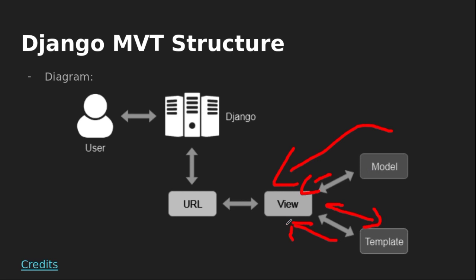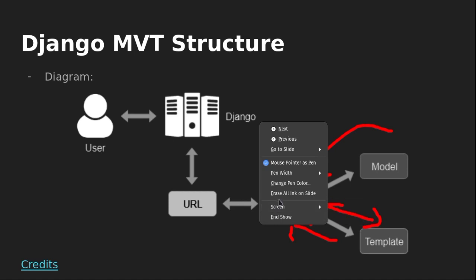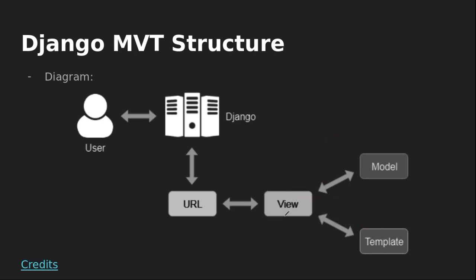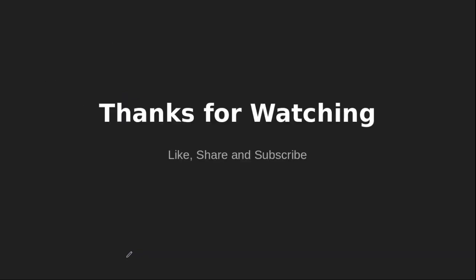Then the view will get it, and once the view is ready to serve, it will send it to the URL again. Then the URL will send it to the Django server, and the Django server will return it to the user. Then the user will see your home page. So this is the use case and work of MVT. This is how Django works.